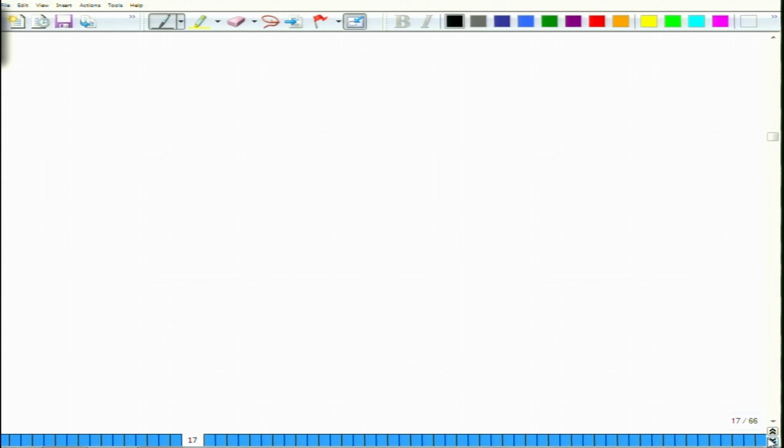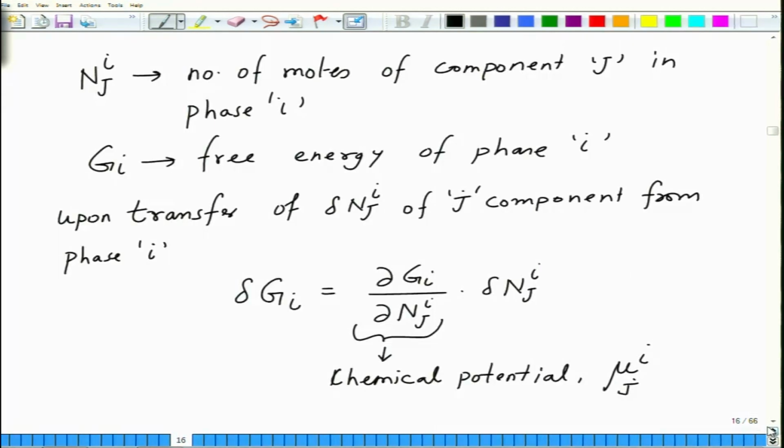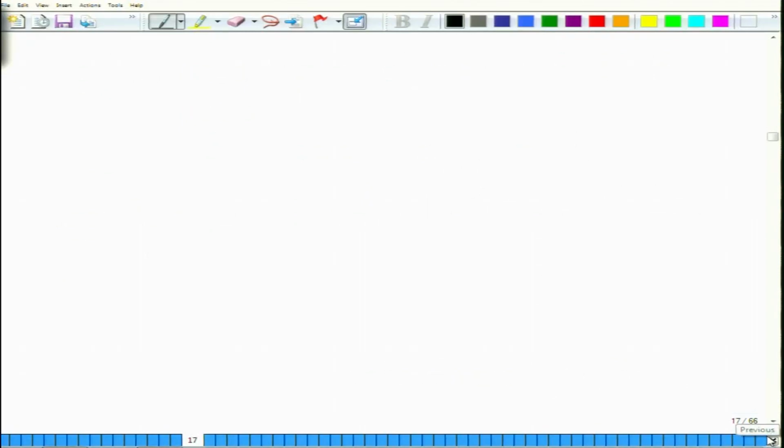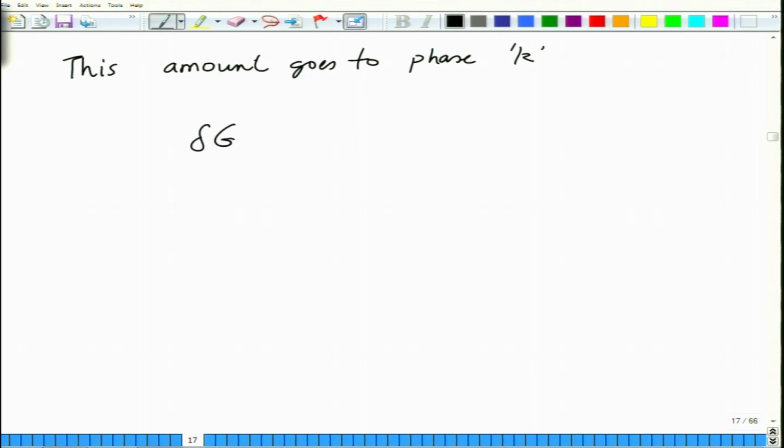Now how will this affect the other phase? This amount goes to phase K. So the change in free energy for the kth phase is delta Gk is equal to del Gk divided by del Njk into delta Njk.